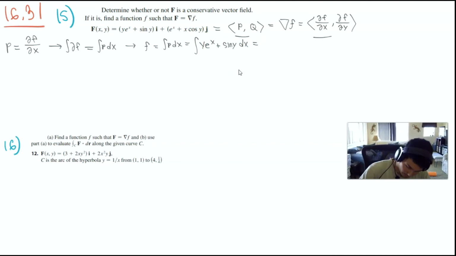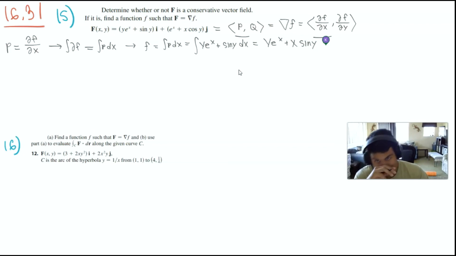That's just going to be y e to the x plus x sine y plus. Okay, now if we integrated with respect to x and we have a function of x and y, then we must have a constant that is a function of y. I'm going to call it g of y, and that's what we usually do.